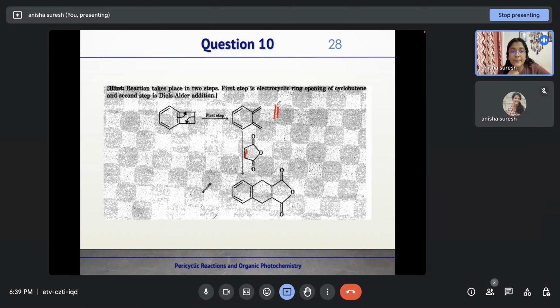So we can see this will add on to this, this will add on to this, and a double bond is formed here, leading to rearomatization, and this product is formed. Is this clear? And this hydrogen will be beta, since the cycloaddition will be taking place in endo fashion.